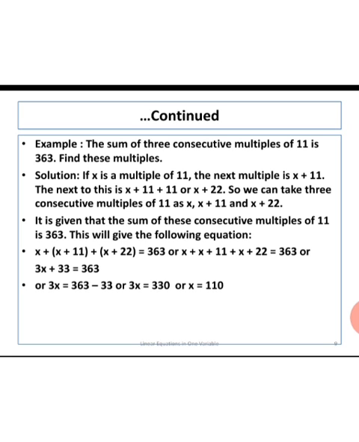That gives us x is equal to 110. So the next multiples are 110 plus 11, 110 plus 22. So these numbers are 110, 121, 132.